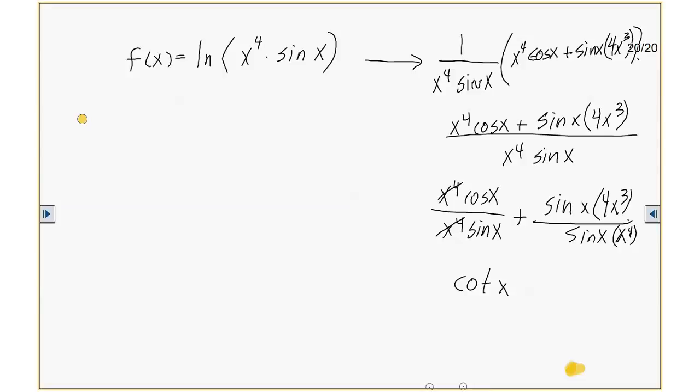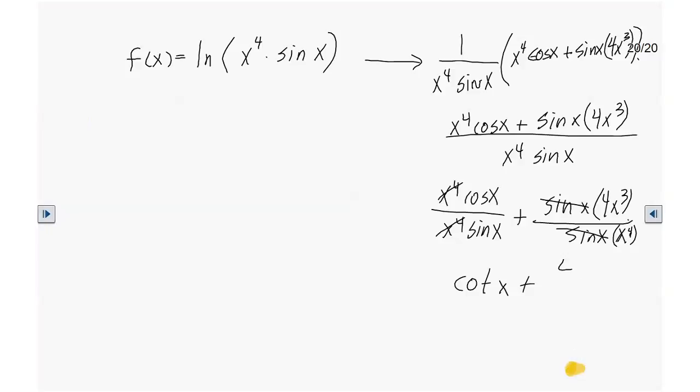Y'all check. Plus sine of x cancels, thing over what? 4 over x? Y'all check one more.